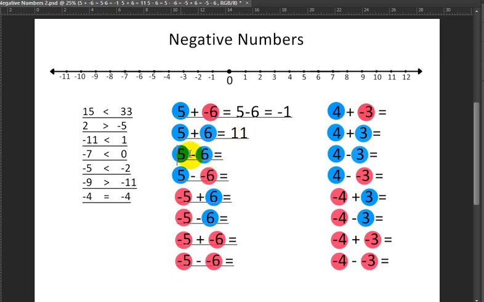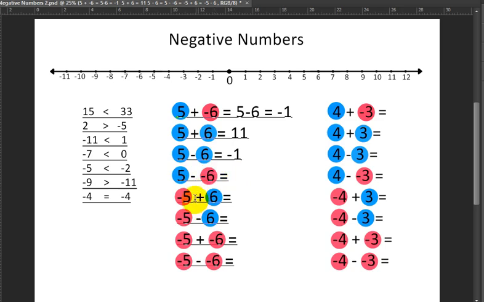Here we have 5 minus 6. All right, well, we've already done 5 minus 6 up here, and we found that it was minus 1. So we don't need to do it again. Minus 1. All right. Here we have a case where we are subtracting a negative number.